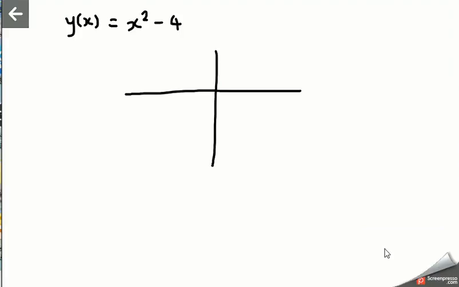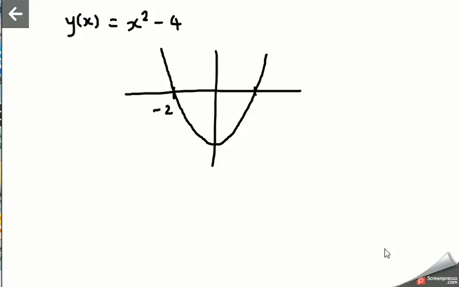Hi, in this video I want to take another look at the same example we looked at last video. We had the function y of x equals x squared minus 4, and when we drew its graph it was a parabola that went through the x-axis at -2 and +2.